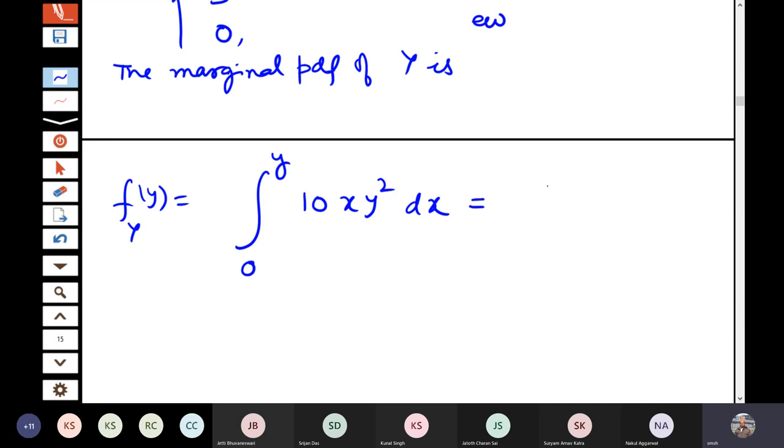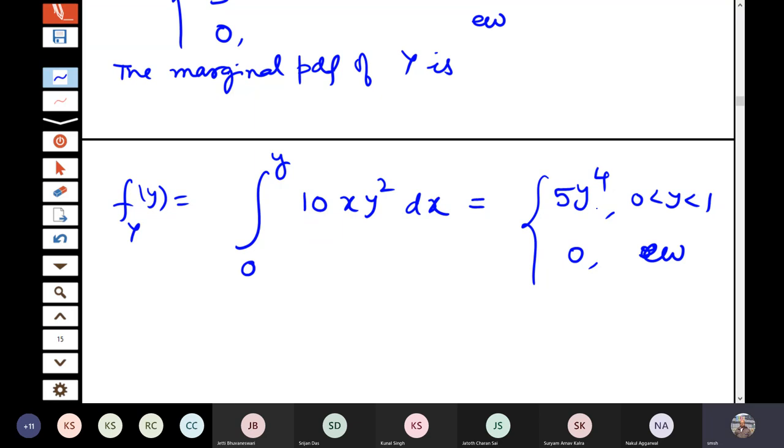So that gives us x square by 2, so y square. So 5y to the power 4. So this is the marginal probability density function of y. Is that okay? Yes, sir.